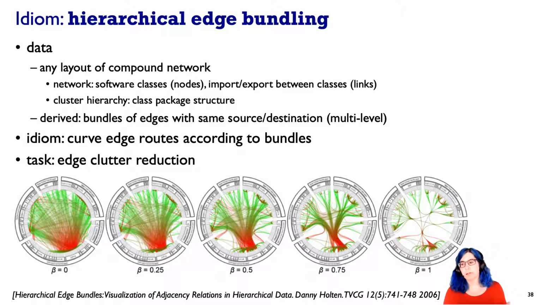You can think of this as a post-processing step for a given layout to reduce the edge clutter. Of course, it's harder to follow the topological path for a given path, but to see large numbers of paths together, we're actually more able to see this sort of mid-level structure when we don't aggressively go all the way, as we see on the right, but have one of these intermediate amounts of rerouting the edges.